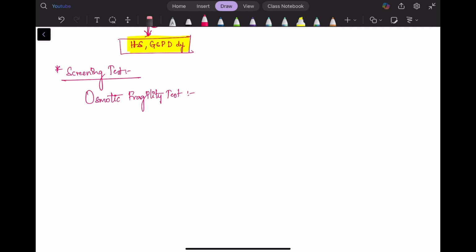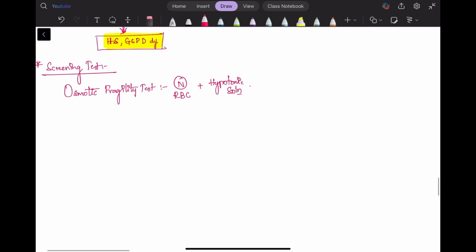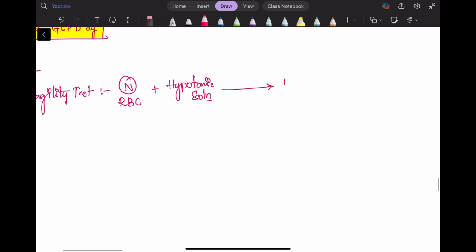Okay, what is the use of this osmotic fragility test? Here is the use of this test. So what you'll do normally, you have normal RBCs, you'll add hypotonic solution. So you added something, something should happen, and what happens?